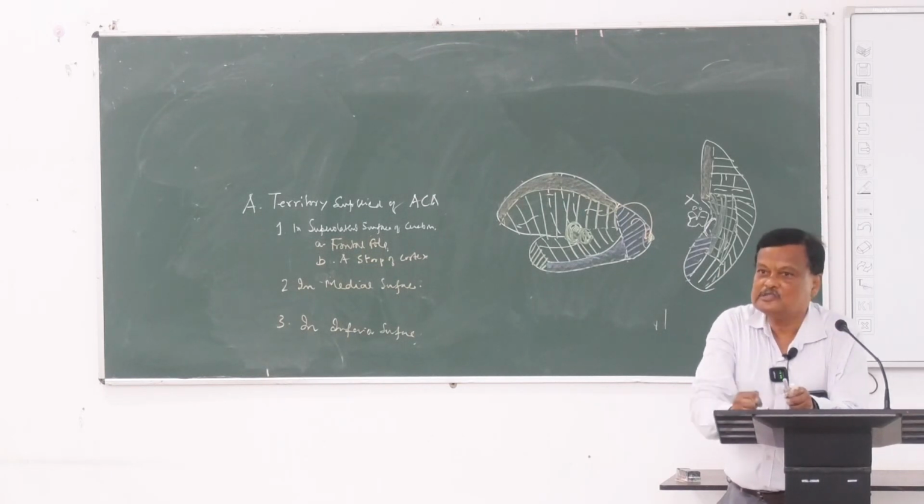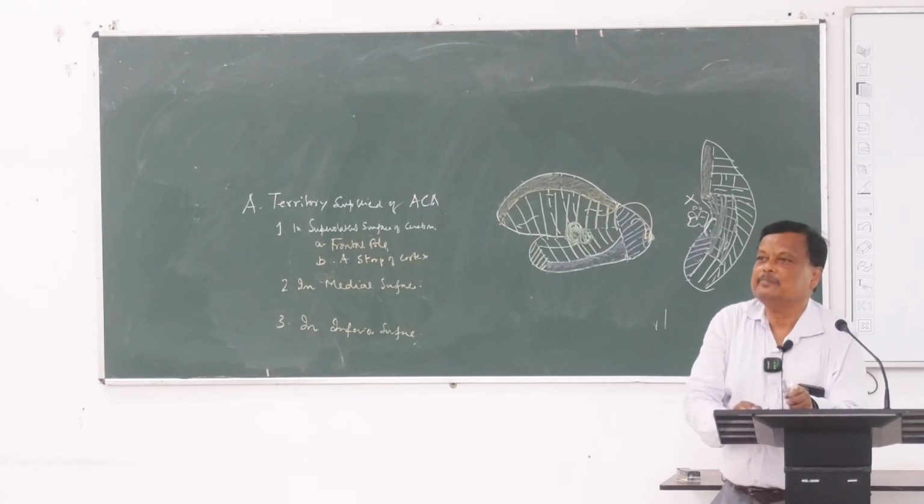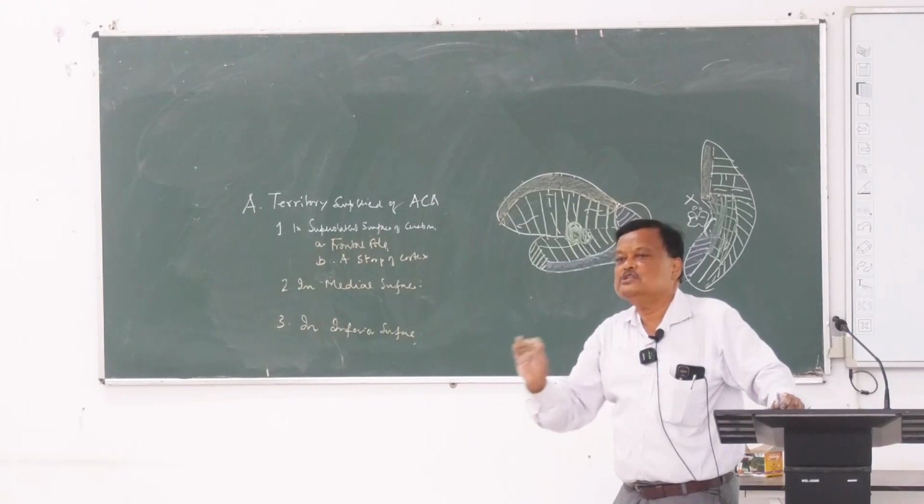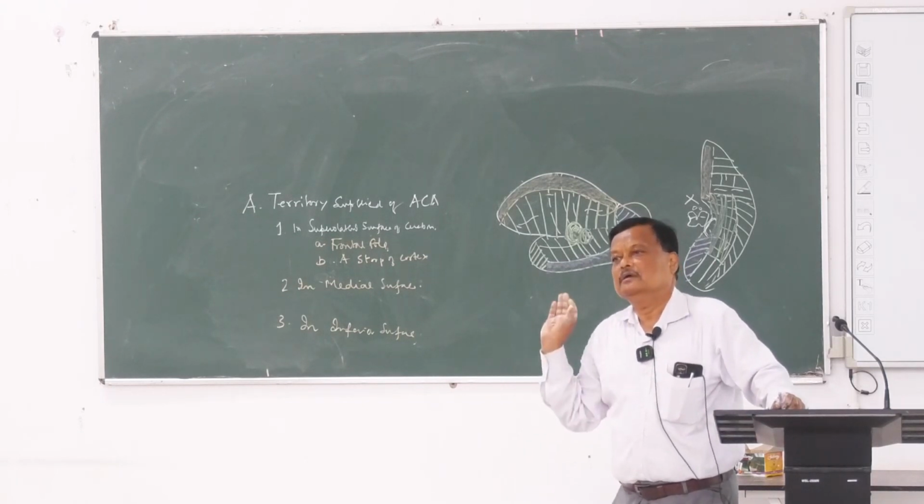So if one artery is blocked, the other artery can supply the brain and save the cells of the macular area, and it is called macular sparing.